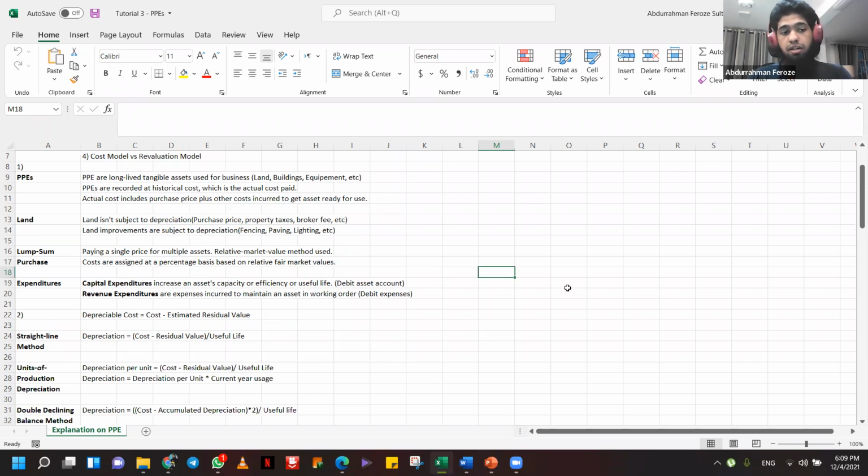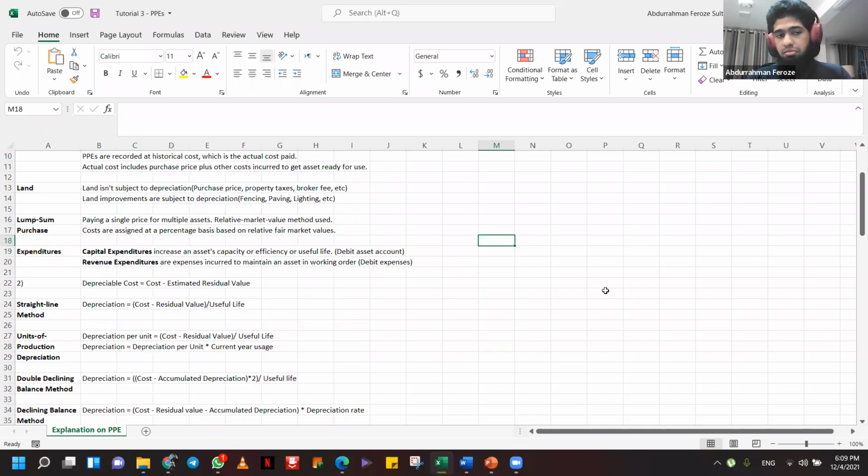All right. And then next we have lump sum purchase. So this is, let's say you buy multiple assets together, multiple PPE together at the same time. So you have bought a piece of land and a building for 150,000 ringgit, right? But now you need to put a certain amount for the building, a certain amount for the land.